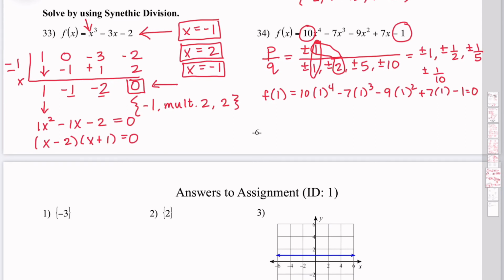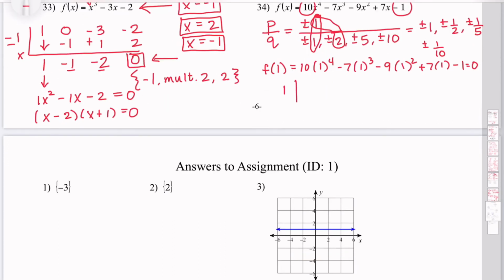So now we can use synthetic division to further simplify, putting 1 on the outside and then putting our leading coefficients inside. We have 10, negative 7, negative 9, 7, and negative 1. Bringing down the 10, then we multiply. 1 times 10 is 10. We add and get 3. 1 times 3 is 3. We add and get negative 6.